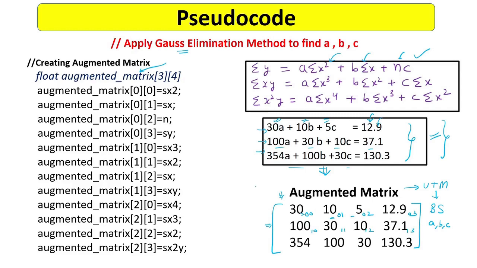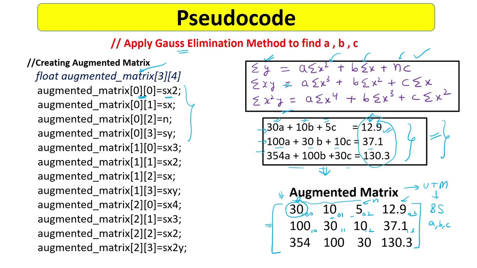So these values are actually the summation values: these 30, 10, 5. This value specifically is the n value, and these are y, xy, and x square y. So these are actually the summation values only, right? So I will place all these summation values inside each element of this augmented matrix. I say that at 0, 0, please put sx2. So sx2 was actually 30.